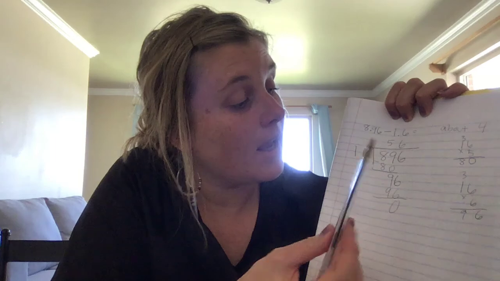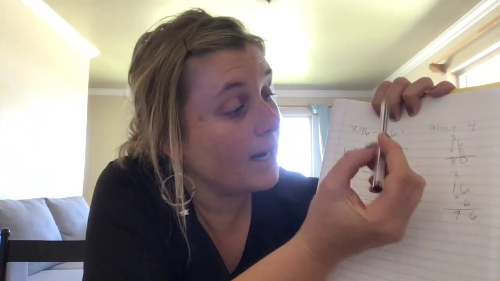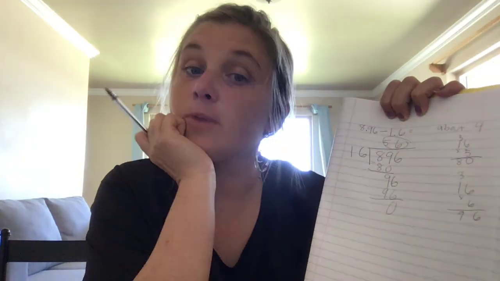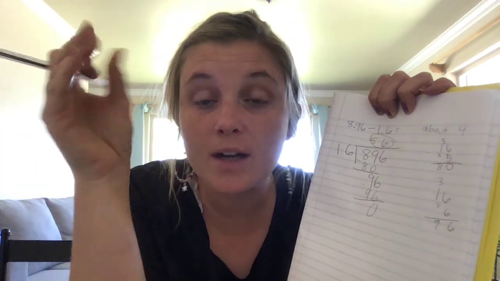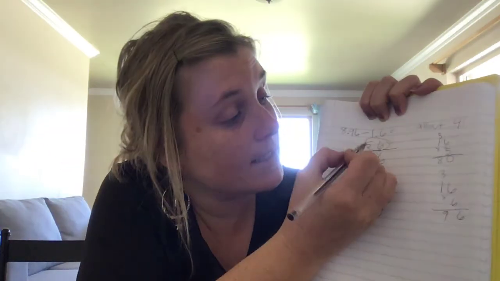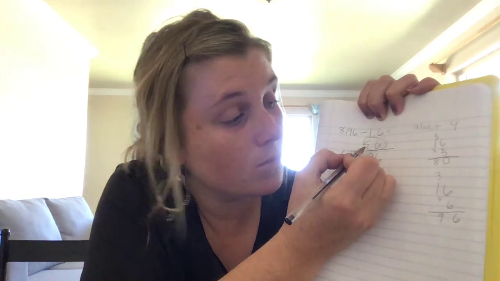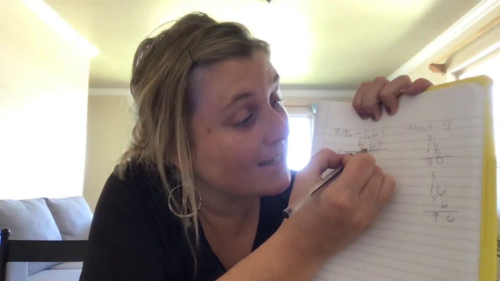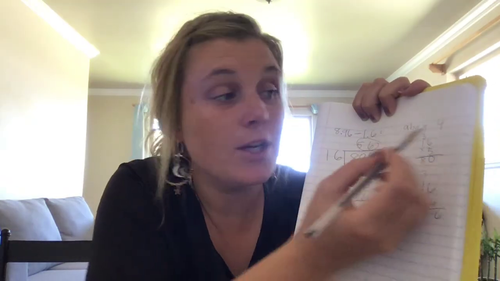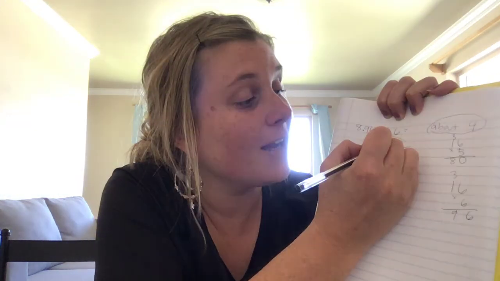Okay. So now here's our answer. This 5 and this 6, right? So now we have to say, okay, where does the decimal go? Well, is it 0.56? No. Is it 5.6 or is it 56? Well, we know it's about 4, so it's going to be 5.6.